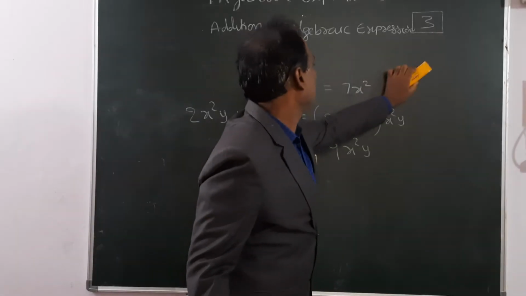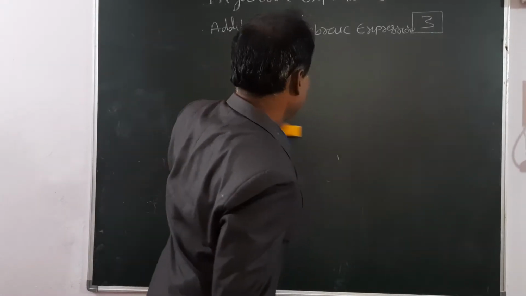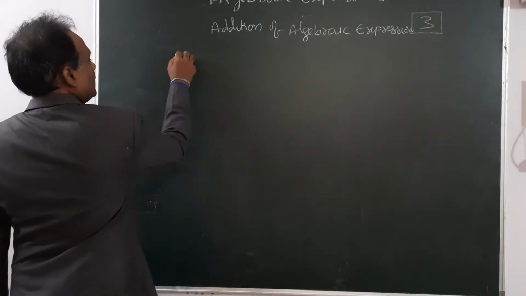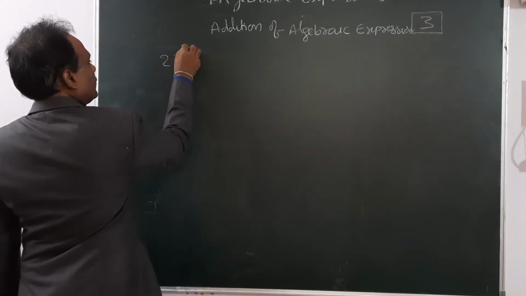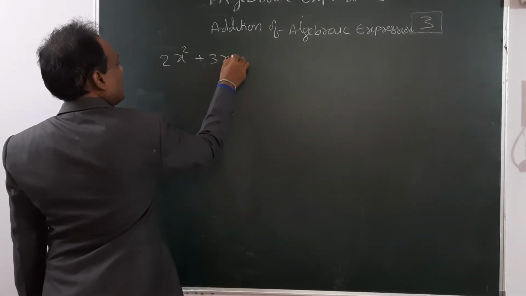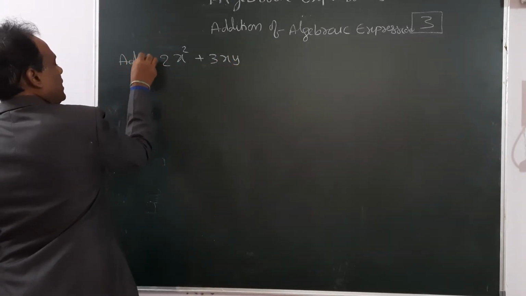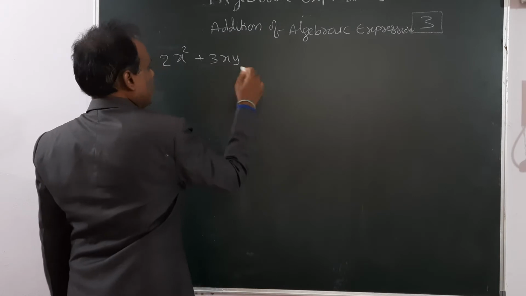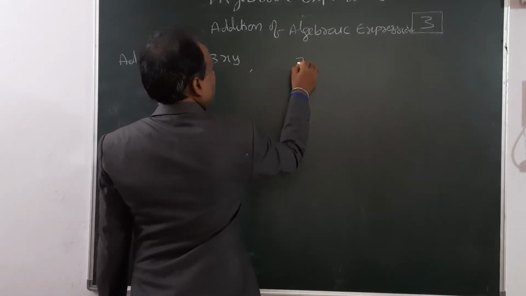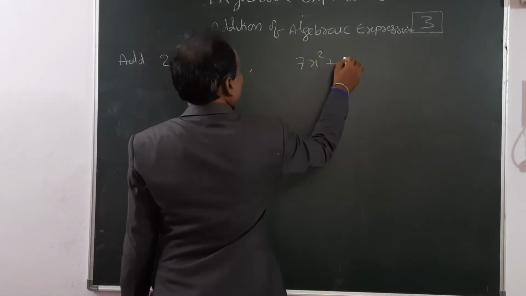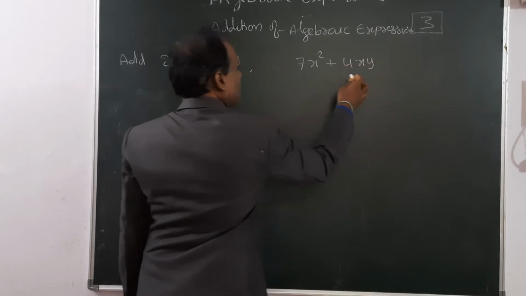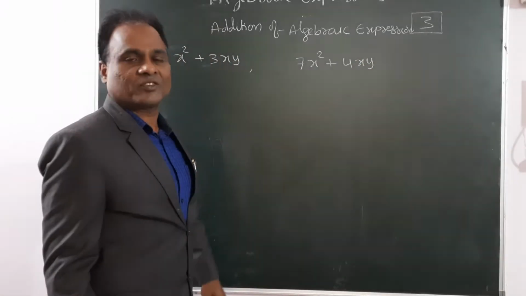Now, see, 2x square plus 3xy, and this is one algebraic expression. 7x square plus 4xy. We have to add these two algebraic expressions.